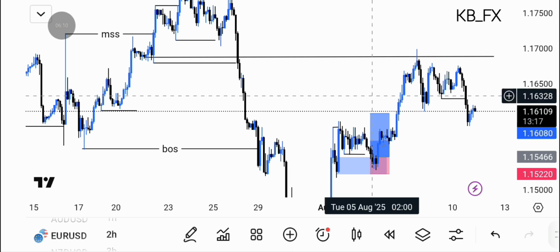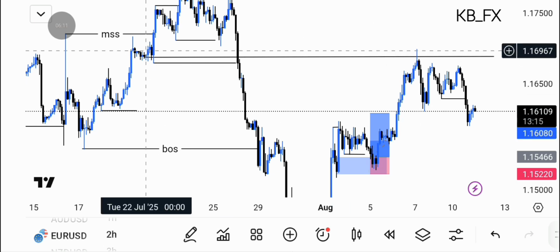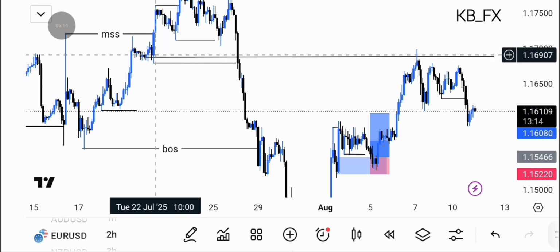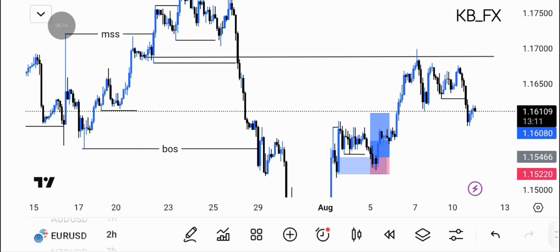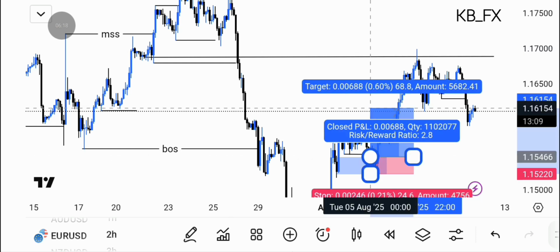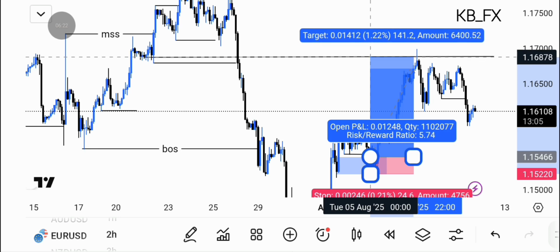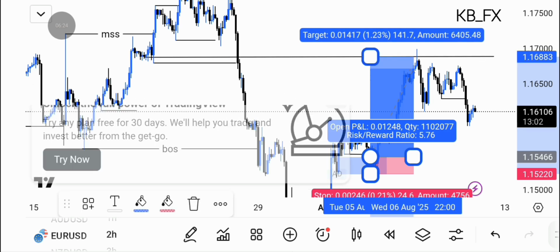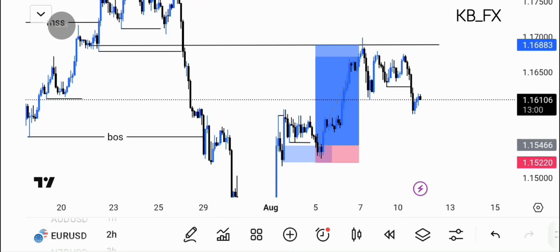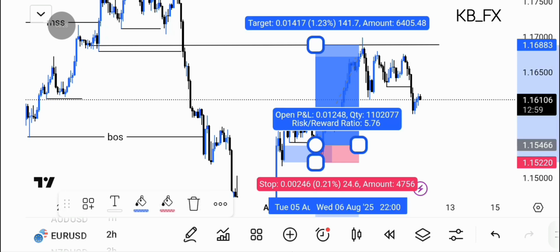So this is the most likely point the market can react from, this breaker block. So that's why I targeted the breaker block here, the other block, the breaker block here.